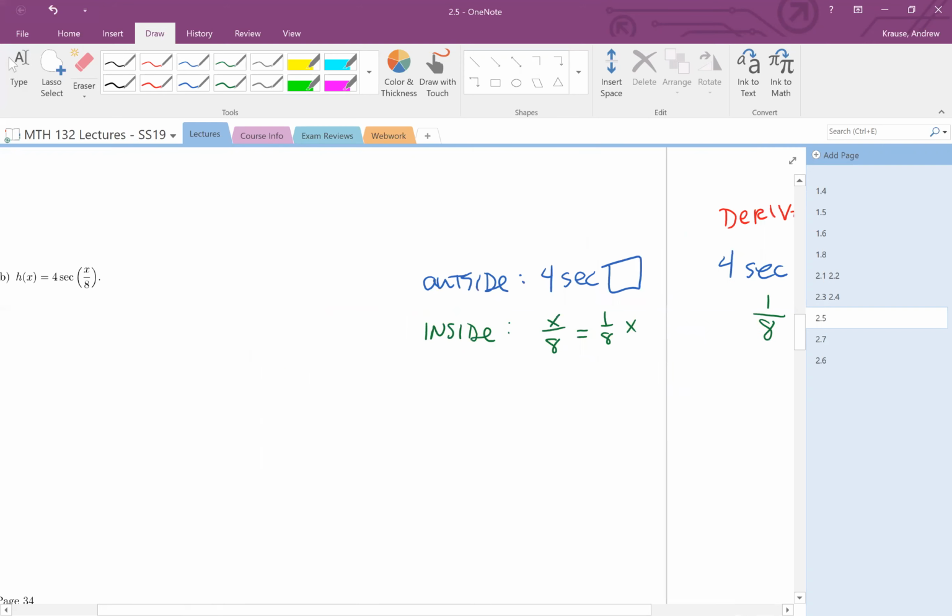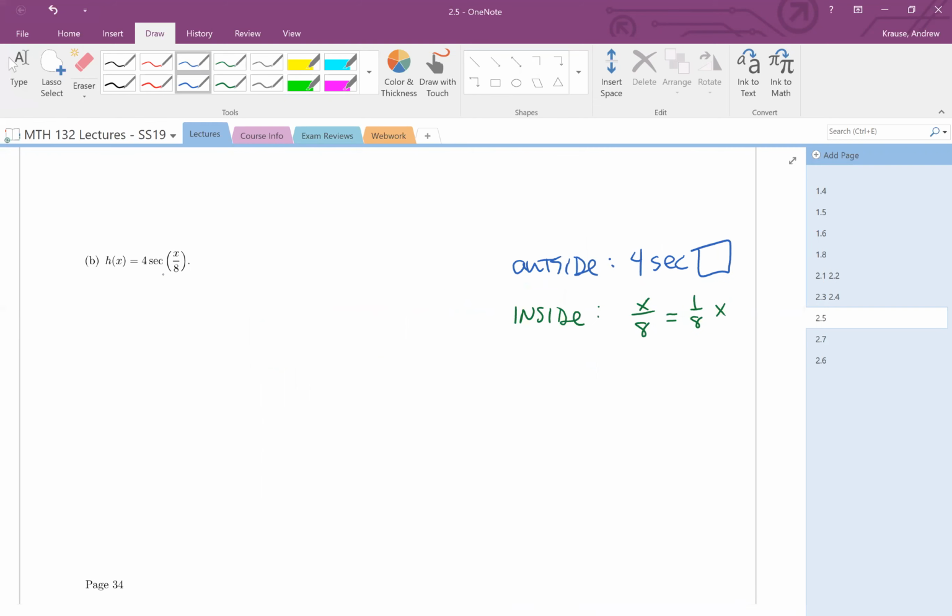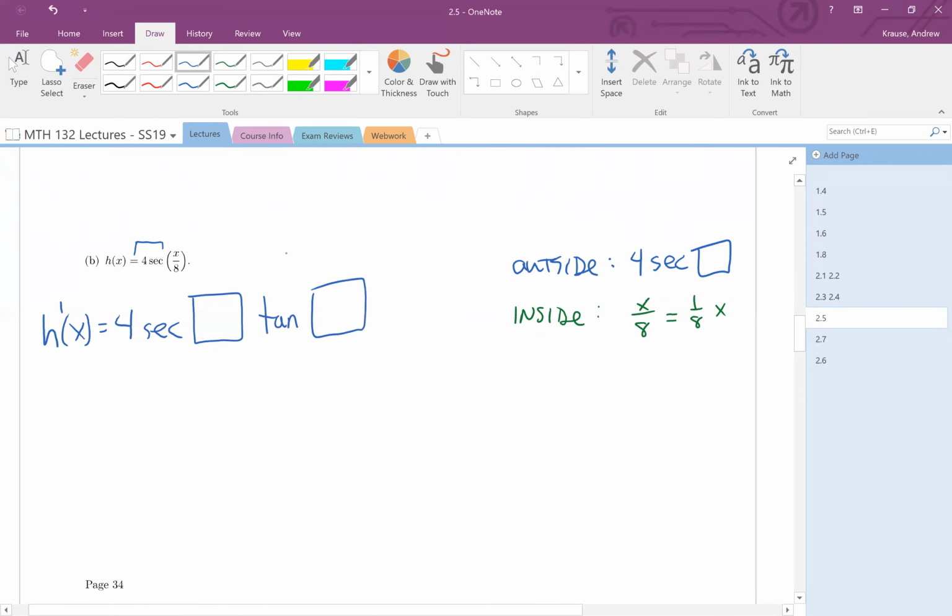Okay, so how are we going to take this derivative? Well, we're going to start by taking the derivative of the 4 secant part. So we have 4 secant of something tangent of something.